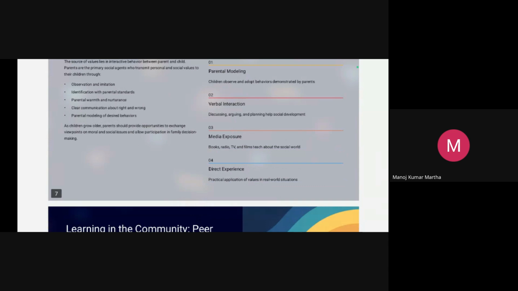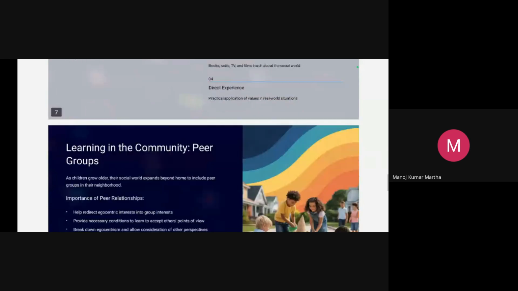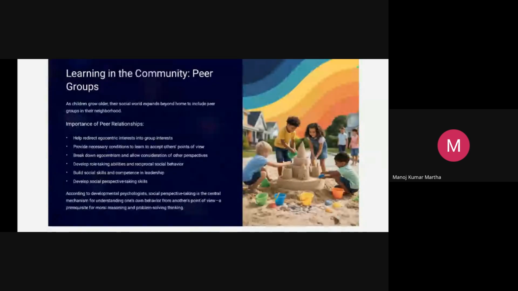Another thing is direct experience. Sometimes students get values from real life experiences from the family or the community. And students also learn from the peer group. The importance of peer relationships we have already discussed: they help redirect egocentric interest into group interest, provide necessary conditions to learn and to accept other points of view.